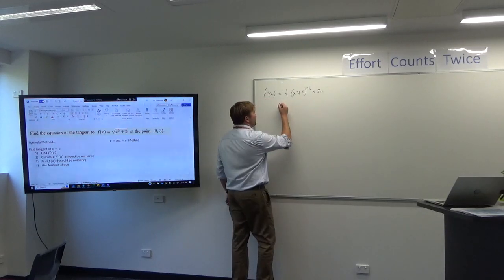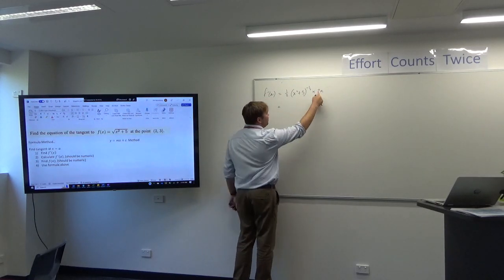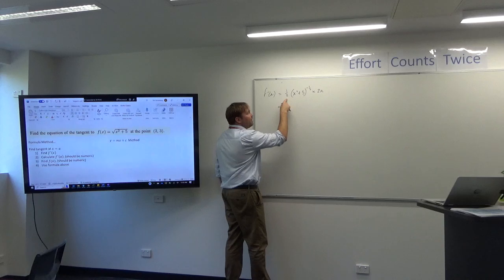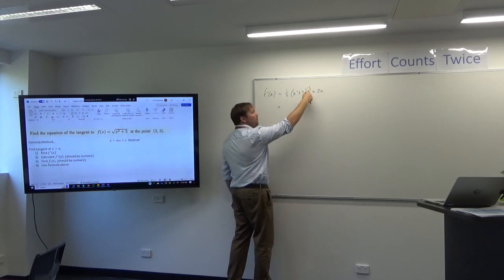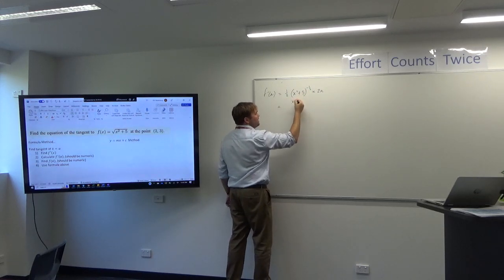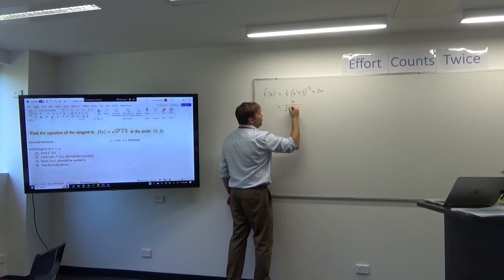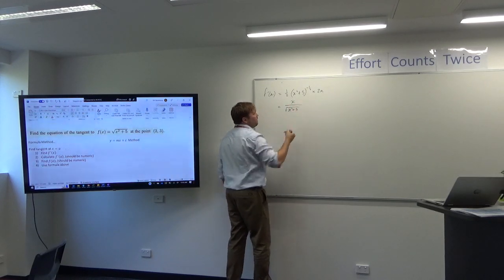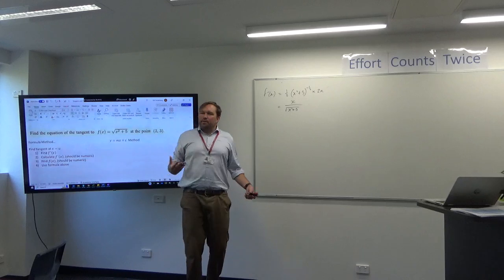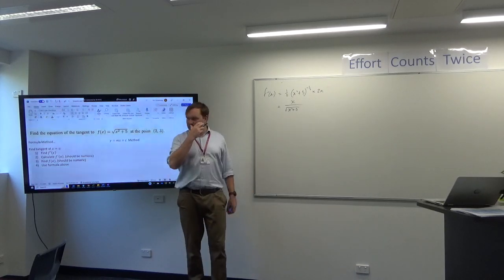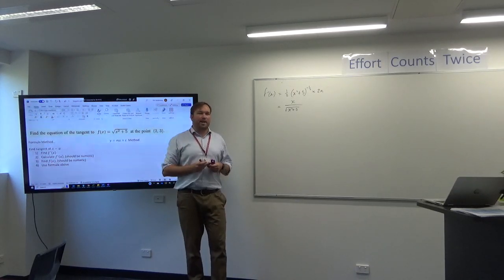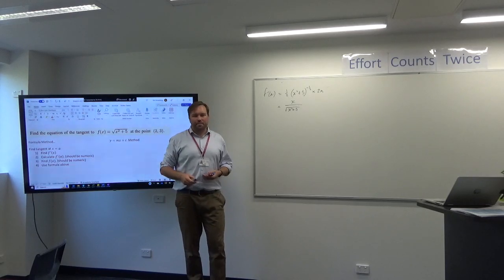So I would probably tidy this to recognize that the 2 and the half are going to cancel out. This is traditionally written down the bottom with a square root, and we can probably write this as x over root x squared plus 5. You don't have to, but it's just that little bit nicer. Yeah? It's going to help with our substitutions later on.